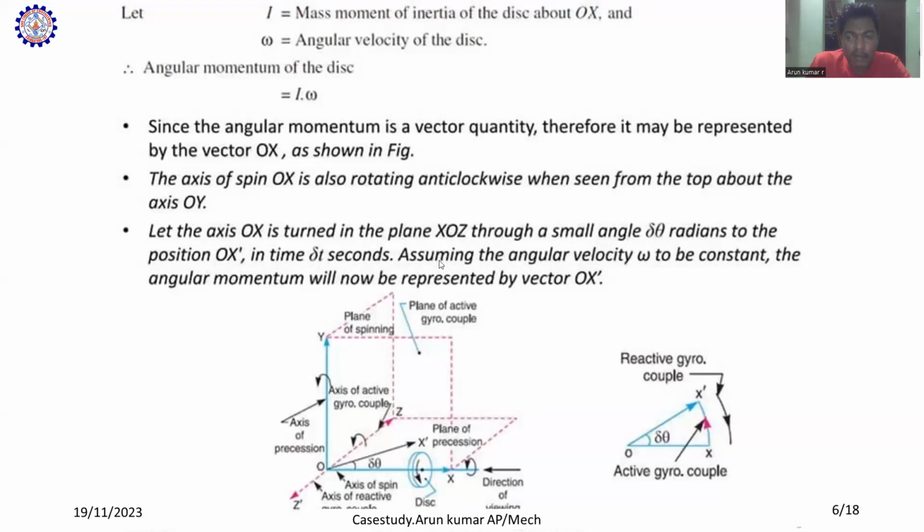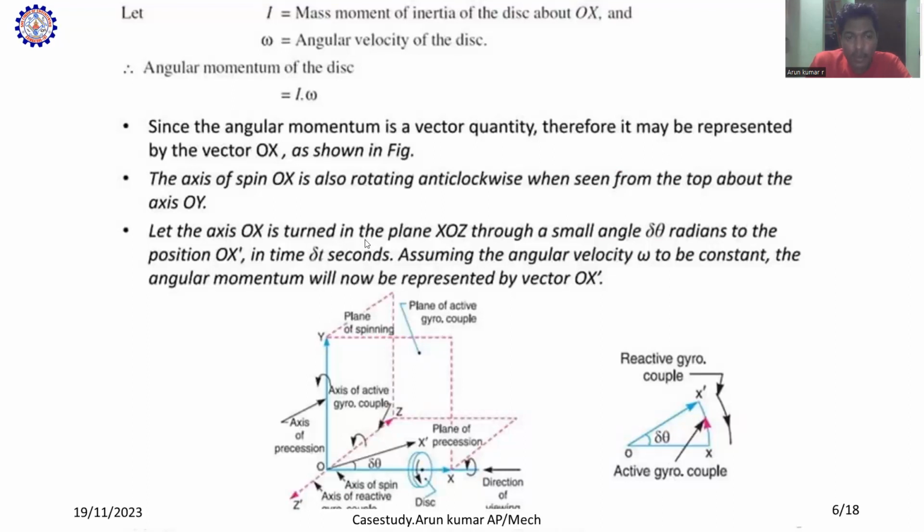I is called the mass moment of inertia, where omega is called the angular velocity of the disk. Since the angular momentum is a vector quantity, it may be represented by the vector OX as shown in the figure. The axis of spin OX is also rotating anticlockwise when seen from the top about the axis OY.